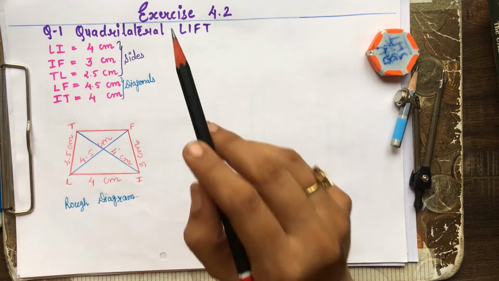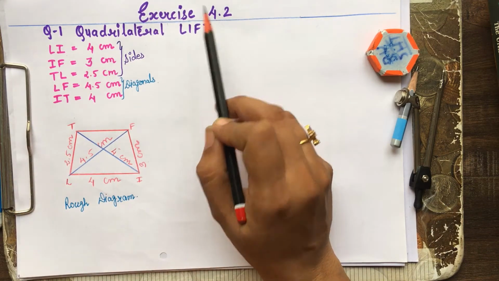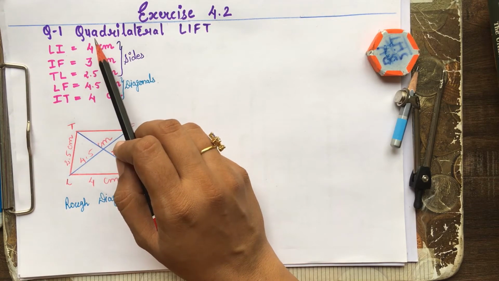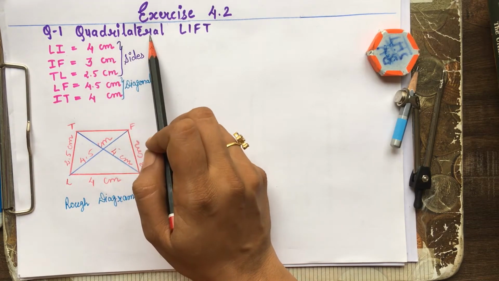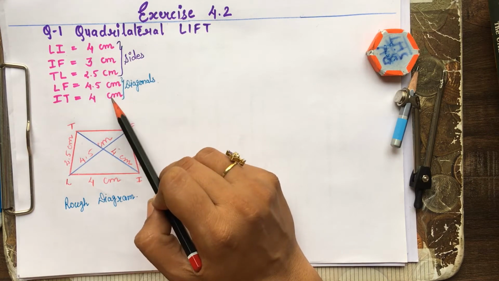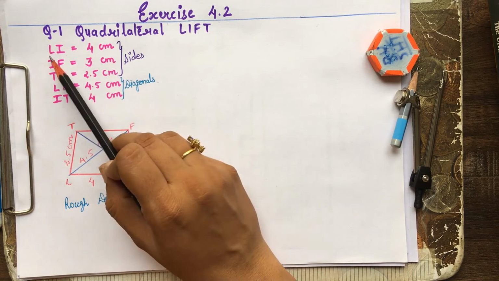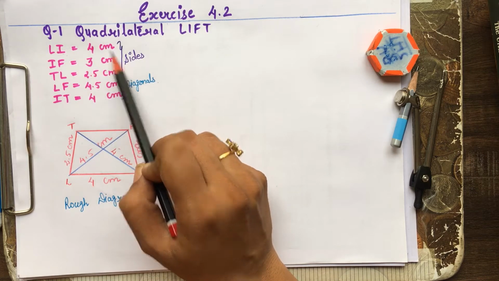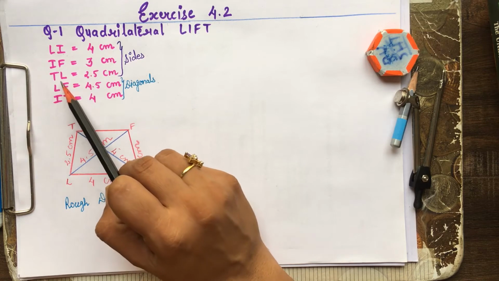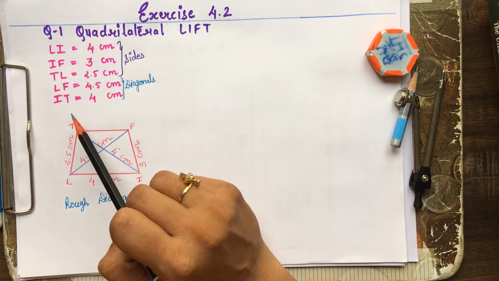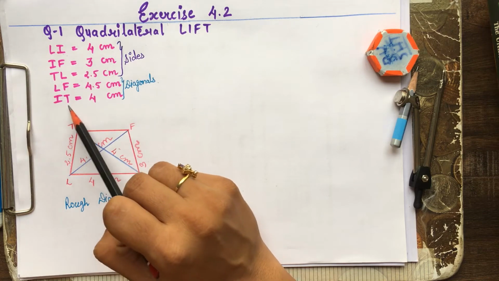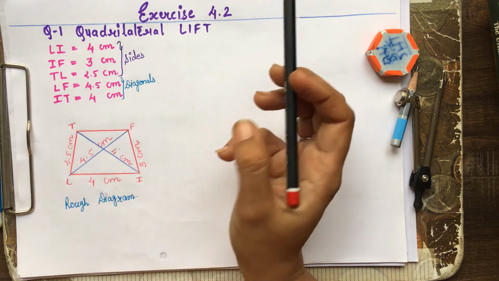So students, exercise 4.2, question number 1. Here we have to construct a quadrilateral LIFT with the given dimensions, where LI is equal to 4 cm, IF is equal to 3 cm, TL is equal to 2.5 cm, LF is equal to 4.5 cm, IT is equal to 4 cm.